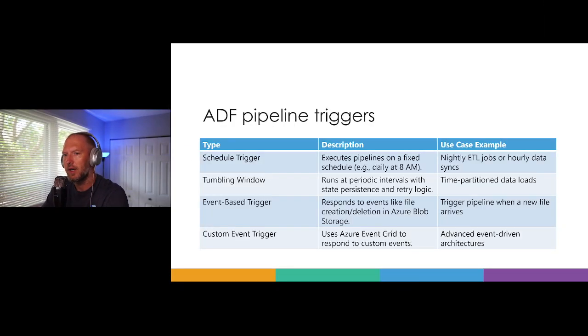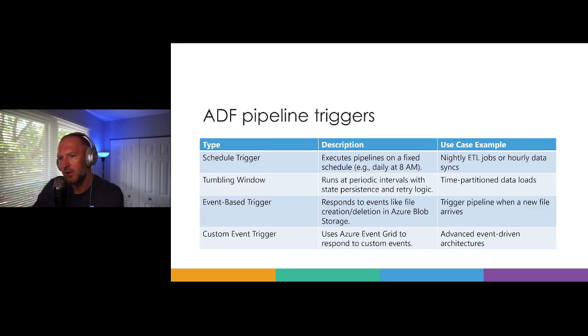I have something more. So in a data factory, we have different types of pipeline triggers. For example, you can trigger a pipeline by some scheduler. For example, every night, once a day, once a minute, doesn't matter. So you can trigger some pipelines based on this scheduler.